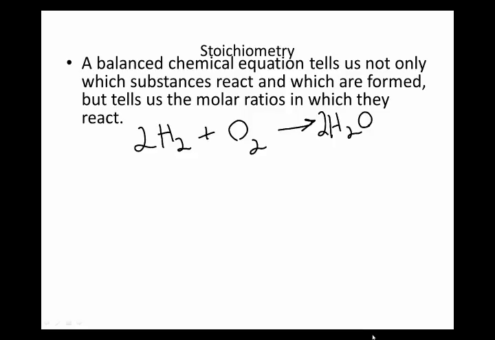Because if you have 15 molecules of oxygen, then you need 30 molecules of hydrogen. Well, we can scale that all the way up to 6.02 times 10 to the 23rd molecules of oxygen. If I have 1 mole of oxygen, then I need 2 moles of hydrogen.